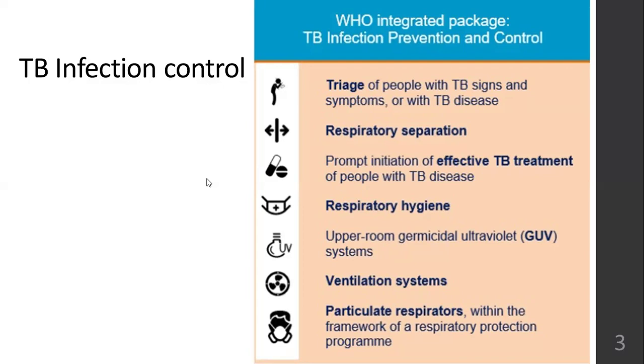Take them away from the public place. That is triaging. People who are suspected of having TB should be kept together, or should have a separate line or queue, a separate place where they will be assisted healthcare-wise. So that is the first strategy.